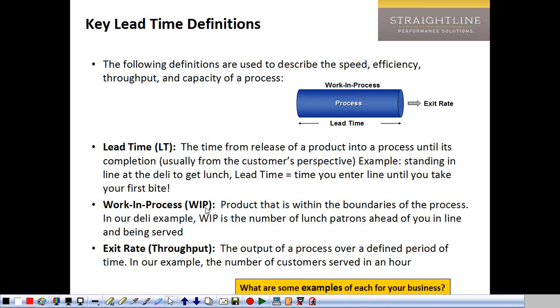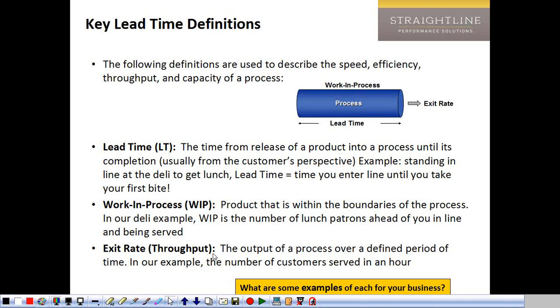Work in progress, I think we all know what that is. It's the product that's being created or is created and not yet served or not yet delivered. That's in the process. So in the deli example, the WIP is the number of lunch patrons, the number of customers ahead of you in the line and being served.